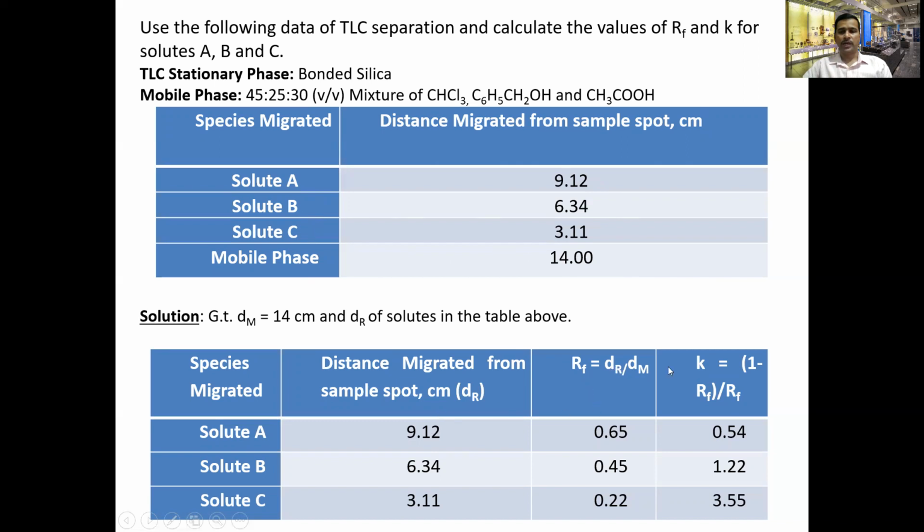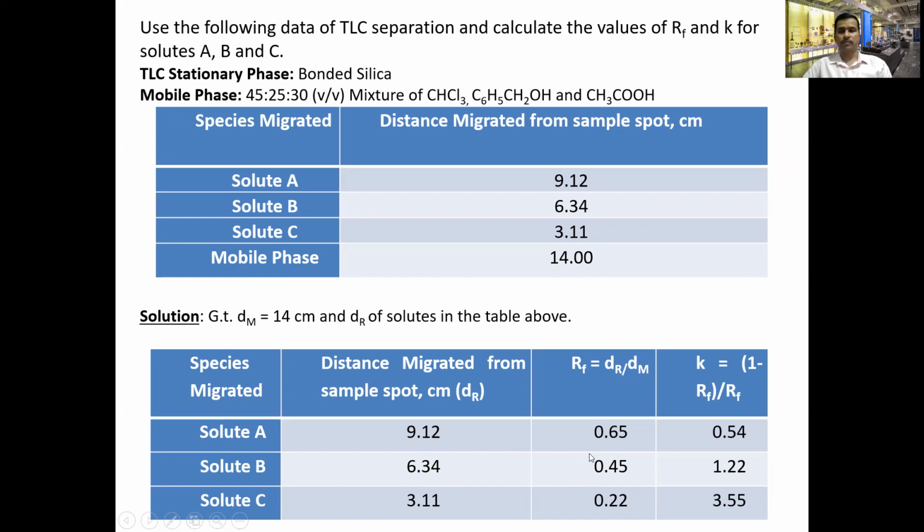So RF is equal to dr divided by dm. dr is 9.12 for solute A, dm is 14. So 9.12 divided by 14, that is 0.65. For solute B, the distance dr is 6.34 and dm is 14. So 6.34 divided by 14, you will get 0.45. For solute C, it is 3.11 divided by 14, you will get 0.22.